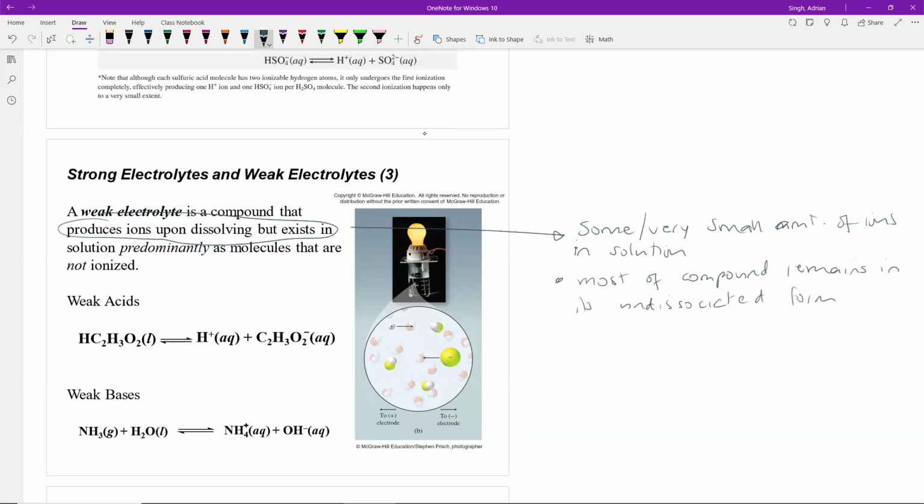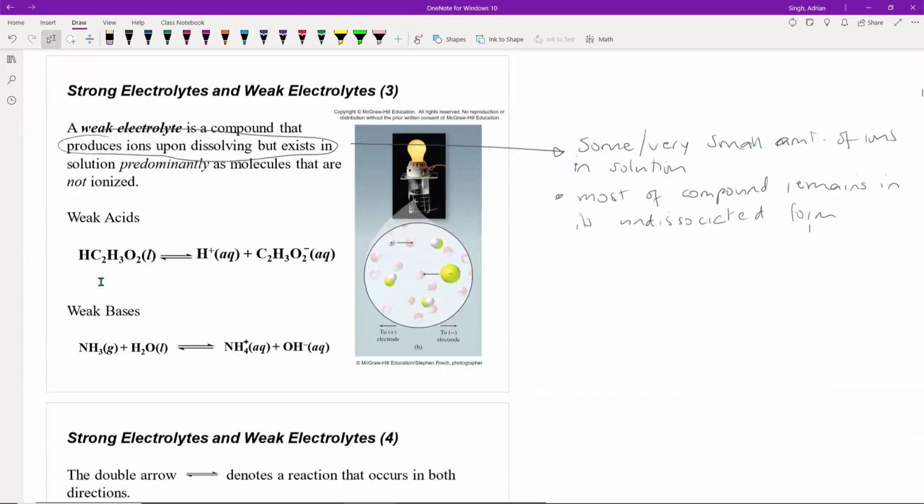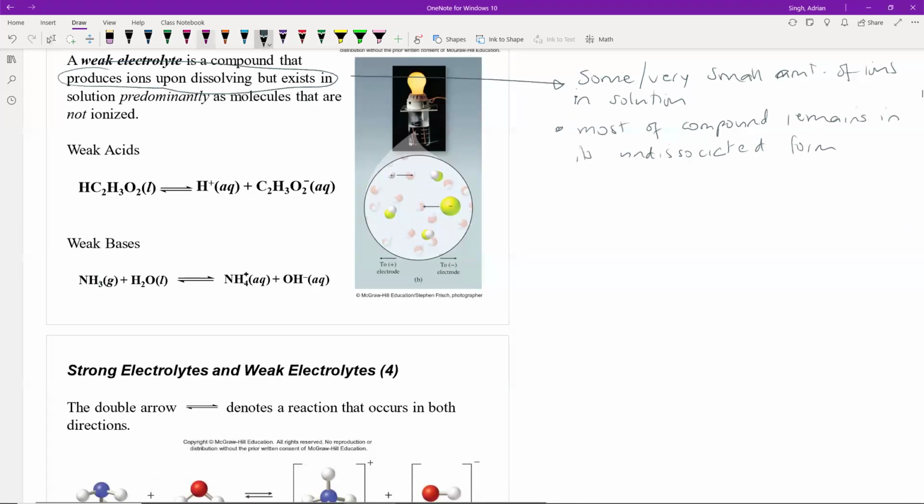For example, if you look at a weak acid, such as acetic acid, this one here, it will ionize in solution to form some H plus, and we will get the acetate ion, dissolved in water, so we're going to go aqueous. But we don't get a lot of these.